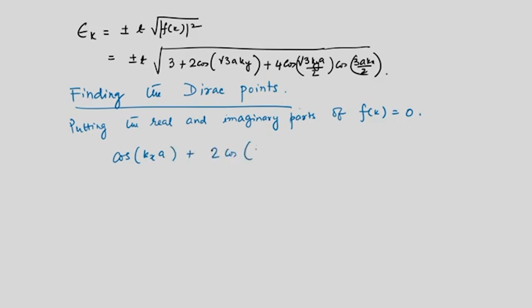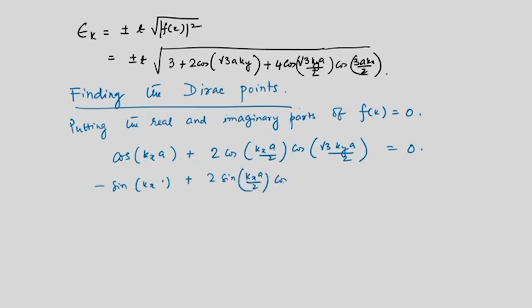So, it is cos(kx a/2) cos(√3 ky a/2) equal to 0, and minus sin(kx a) plus 2 sin(kx a/2) cos(√3 ky a/2) equal to 0.